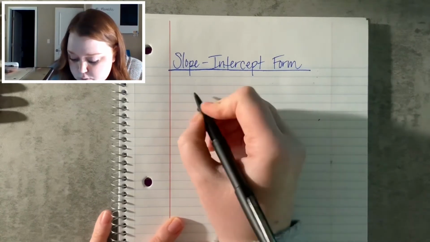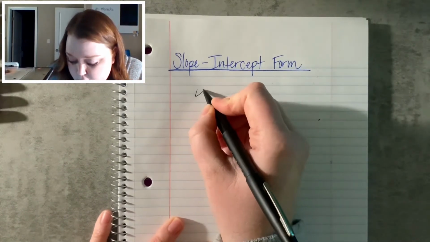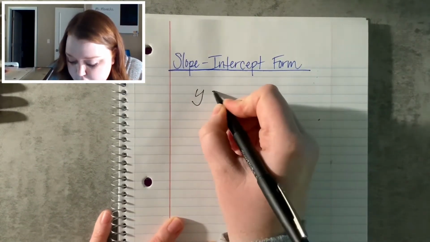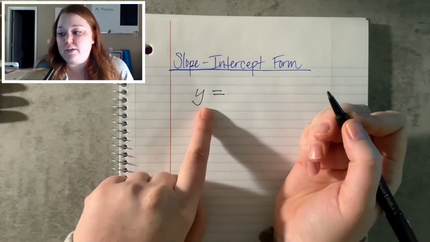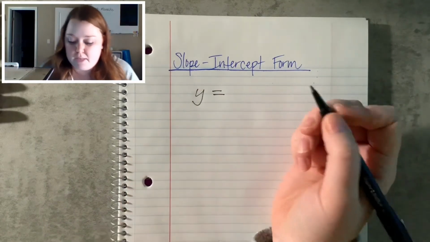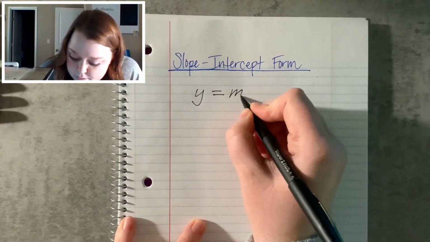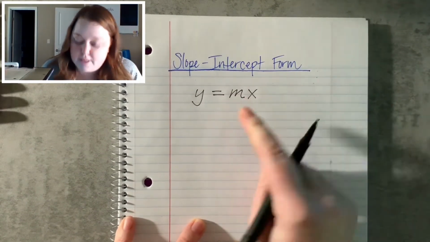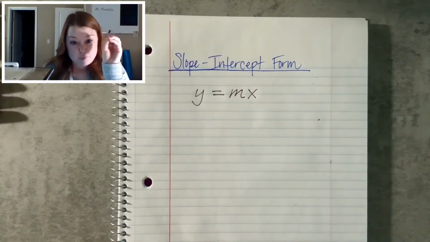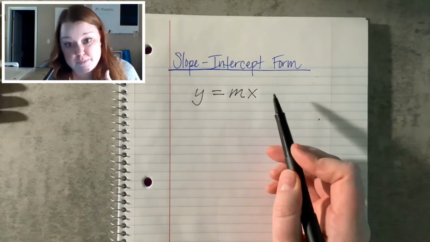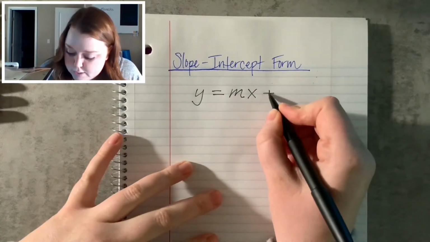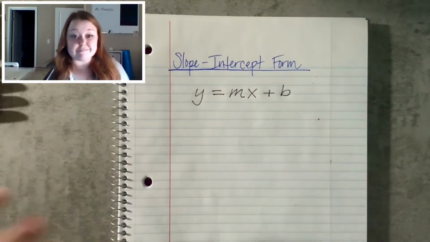So here's what slope-intercept form looks like. y equals mx plus b. We have our y value set equal to some stuff. The m and the x are right next to each other, so that means they're multiplying: m times x plus b.